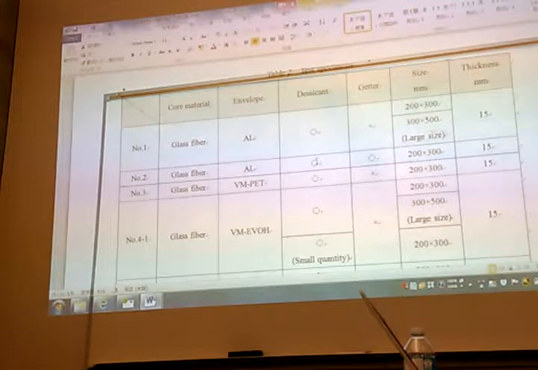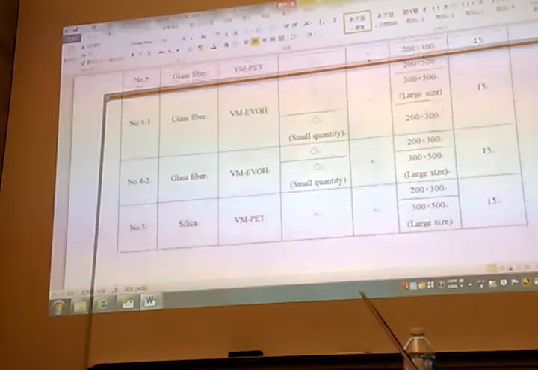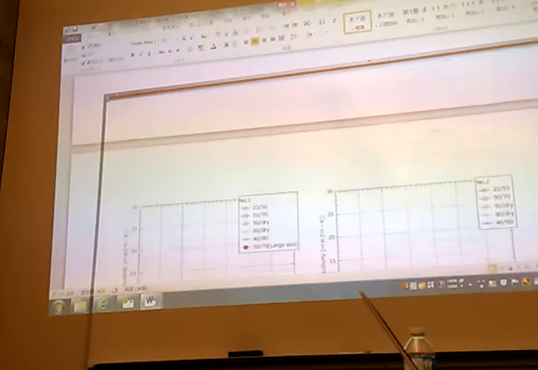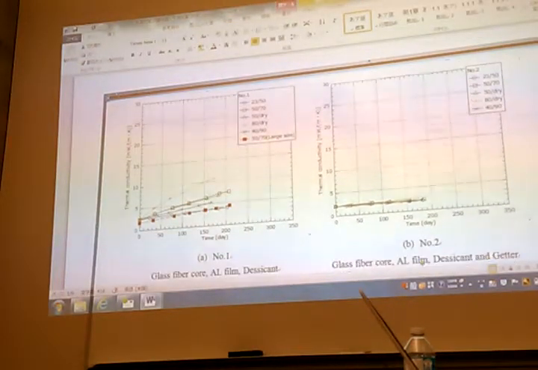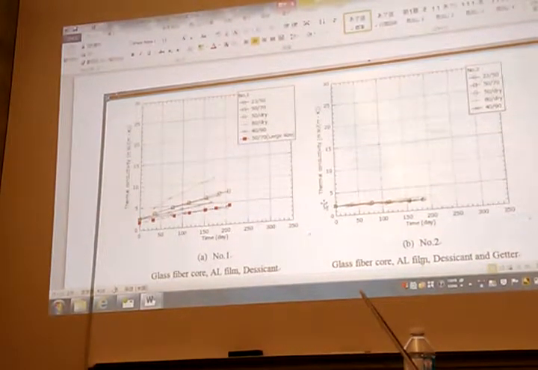Number 1 and number 2, according to this document, the air permeation effect you can see from this data, and the getter's effect you can see from number 2. This is number 1, and number 2 has been constant.